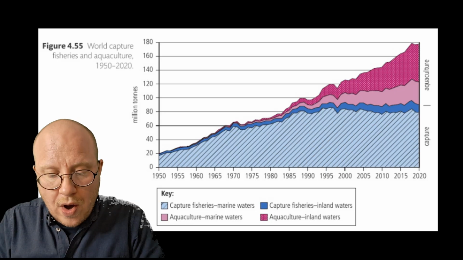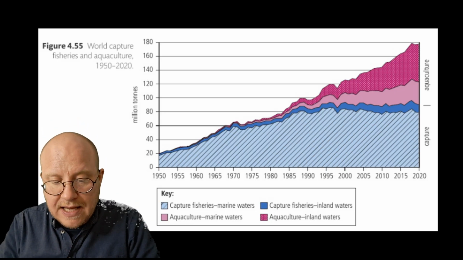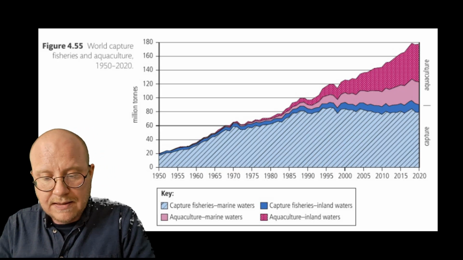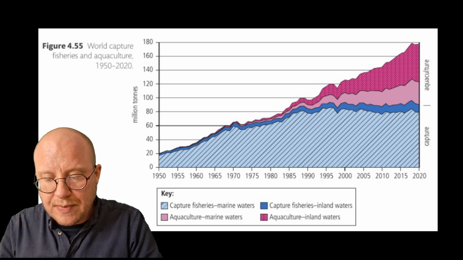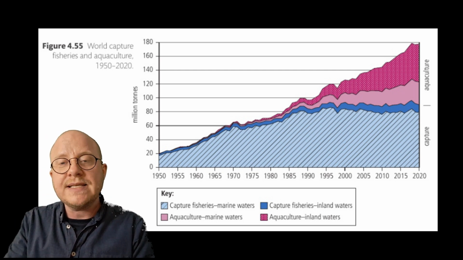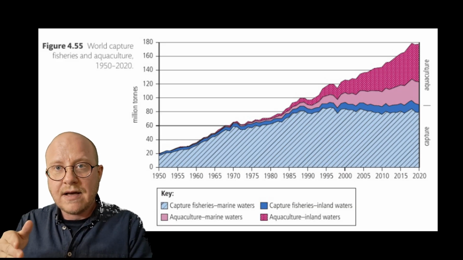Global consumption of aquatic foods increased at an average annual rate of 3% between 1961 and 2019. A rate almost twice that of annual world population growth for the same period. Okay, this is interesting. It's interesting to calculate annual rates of something.